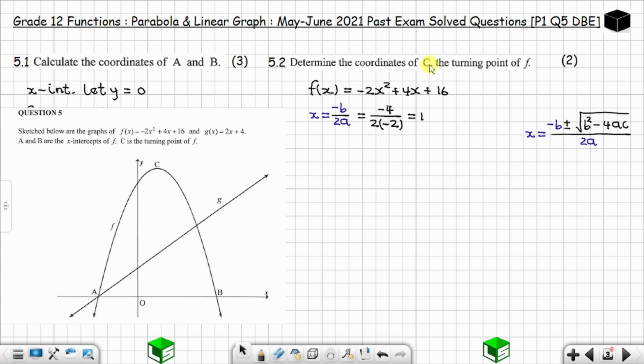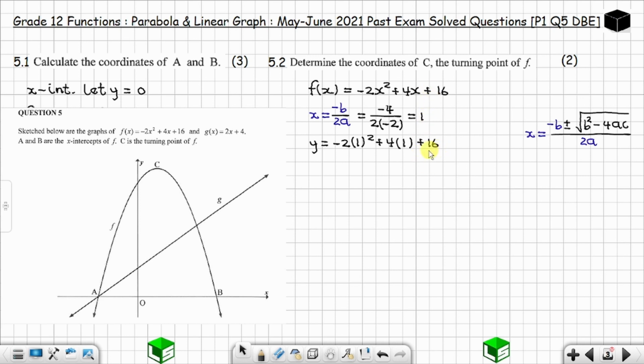Now you need to find the y coordinate of the turning point. So you are going to take this 1 and plug it inside f of x. So you are going to say f of 1, and you plug 1 wherever there is x. So I can say y is equal to negative 2 times x squared, x is 1, so 1 squared, plus 4x, so plus 4 times 1, plus 16.